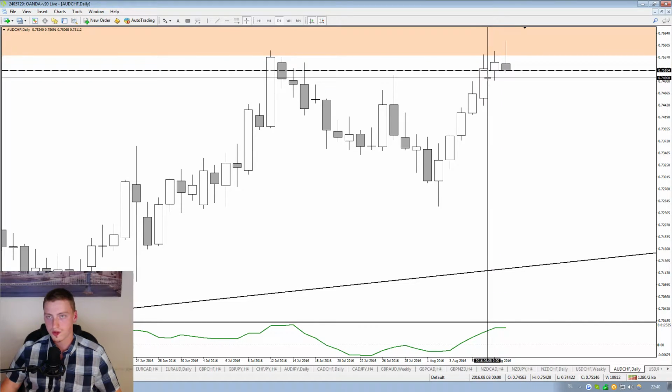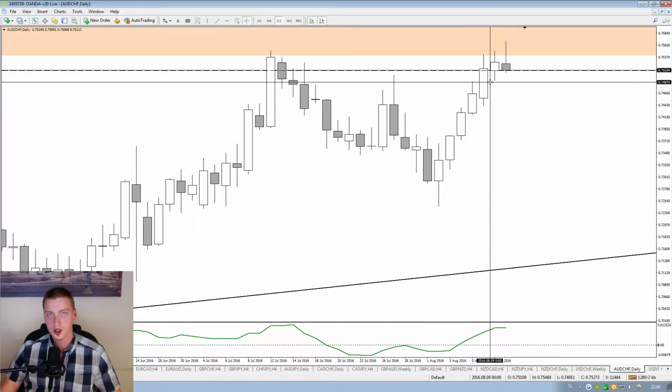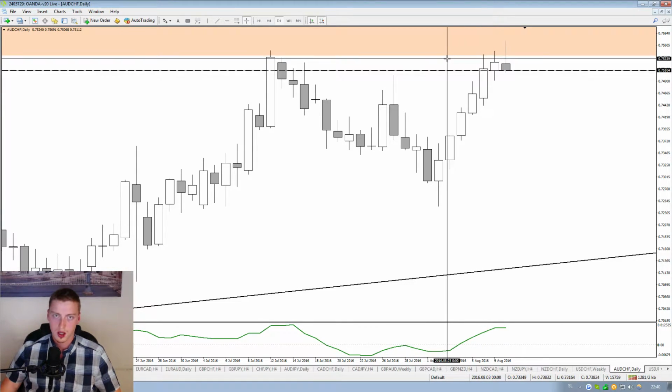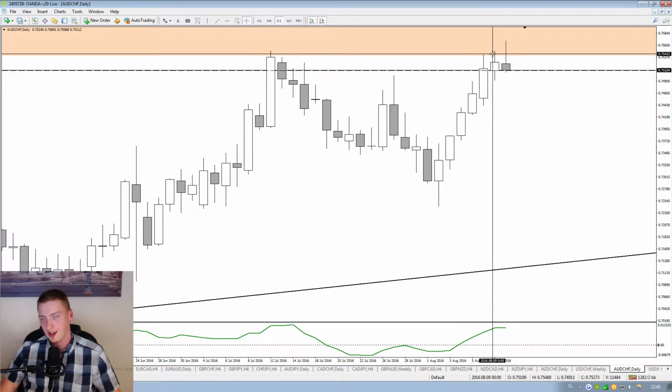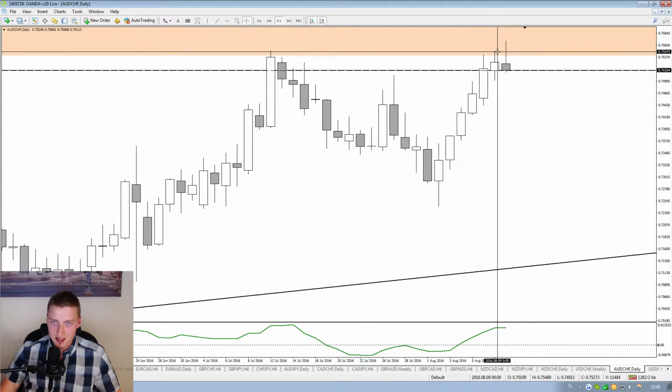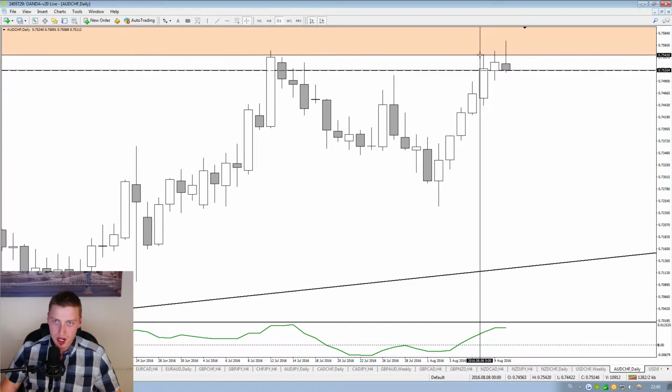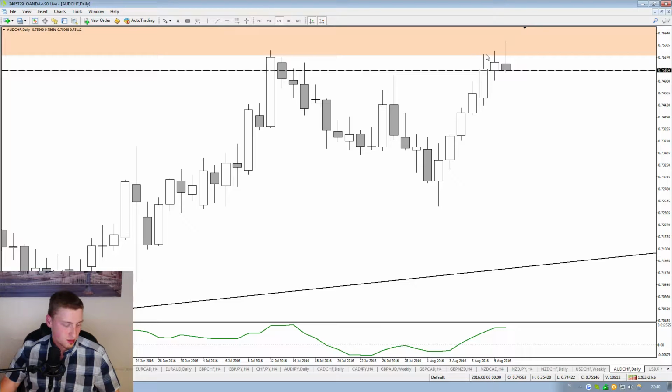But the last day, this candle was sort of a doji candle, and this shows some sort of a weakness in price action. We can also see that this high is a little bit higher than this one, and in most cases you can recognize a divergence on a lower time frame by this sort of a pattern.